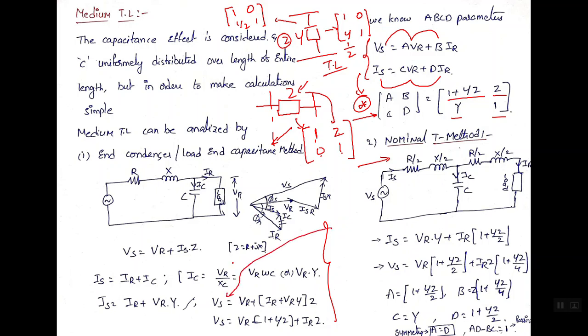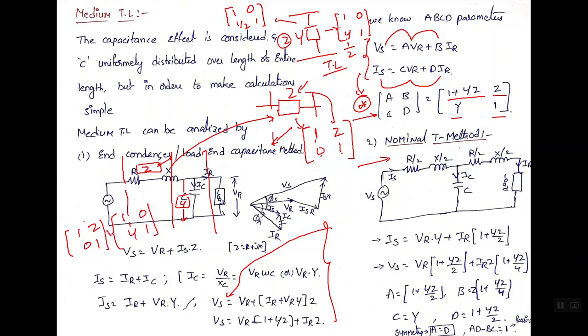The derivation part is somewhat difficult. Just remember that R plus jX is Z, and here it is Y. Parallel means we consider admittance, and series means we consider Z. For this model, what are the ABCD parameters? The series element is 1, Z, 0, 1, and the parallel element is 1, 0, Y, 1.